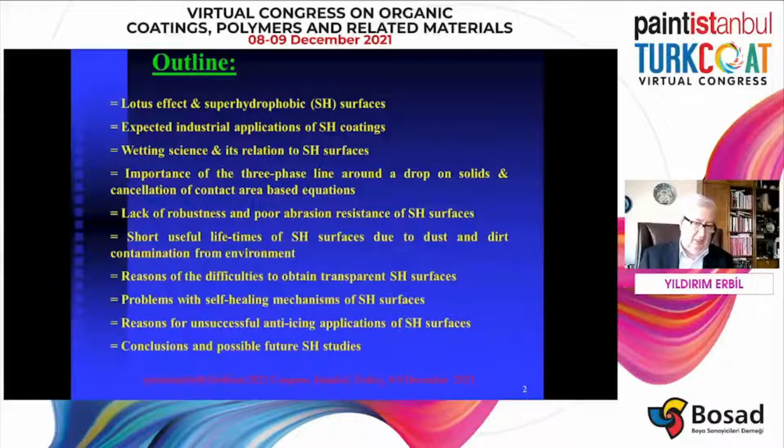Now, first of all, I have to describe what a superhydrophobic surface is. These surfaces were developed after 1990, and the number of publications in this field is around 15,000 at present.